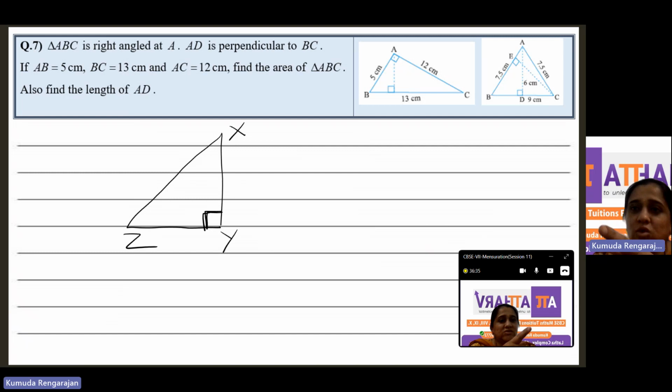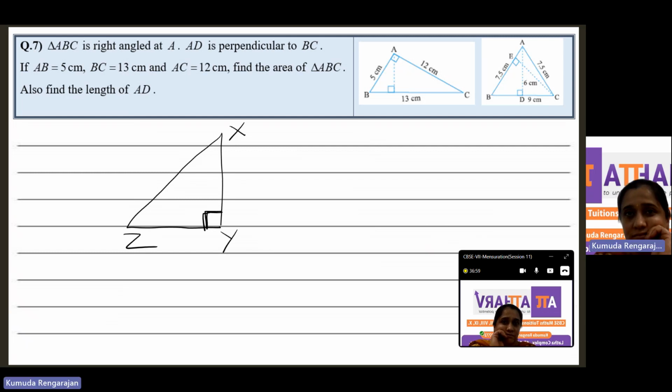XZ, also called ZX. Which is named the hypotenuse? ZX or XZ is the longest side of the right triangle. You know that, all of you? Hypotenuse is the longest side in a right triangle. The length of that side will be the biggest in this triangle.